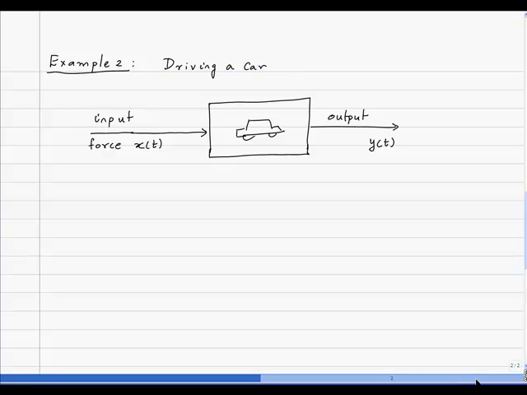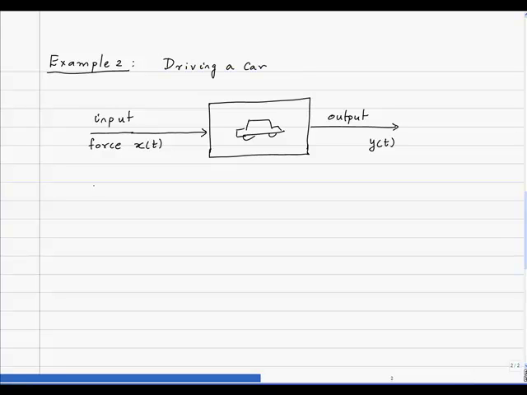I will make some simple assumptions here, and we'll try to get a relationship between y of t and x of t, just to show that these things can be modeled in the same framework of a system that we have as well.